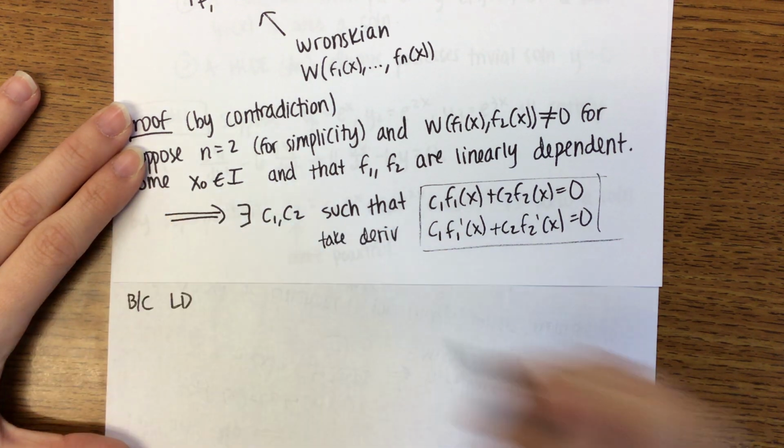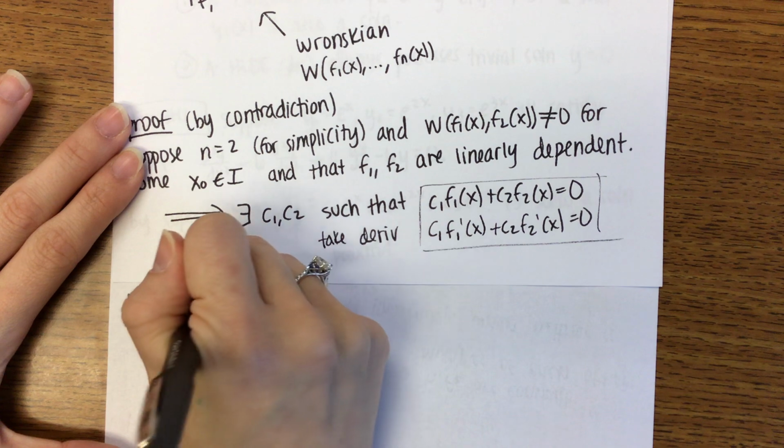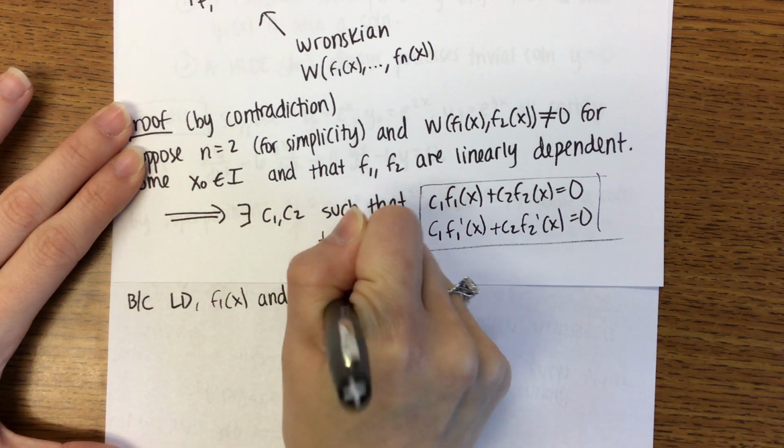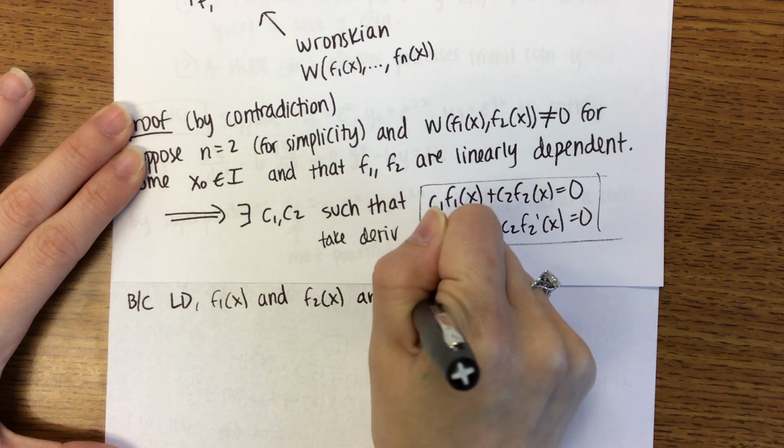Because our functions are linearly dependent, we already saw that f1 of x and f2 of x are constant multiples of each other.